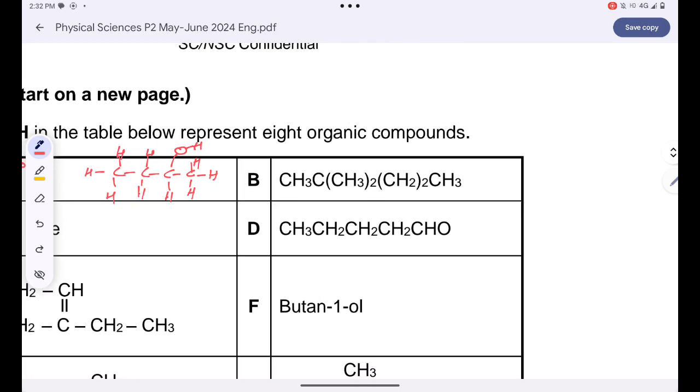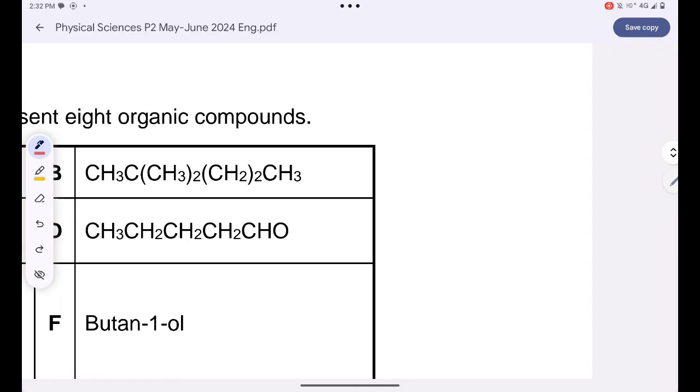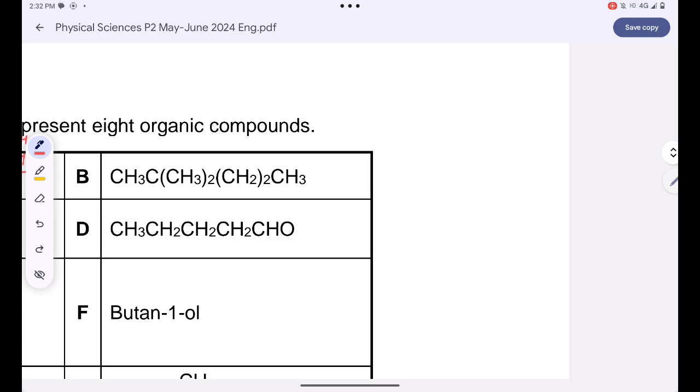Okay, let's go to compound B. Compound B, we are given a hydrocarbon in condensed structure. So the first thing we need to do is draw the structural formula. We have CH3, we have C, and then CH3 there, as well as another CH3, and then we have 2 CH2s, and at the end we have just the CH3.